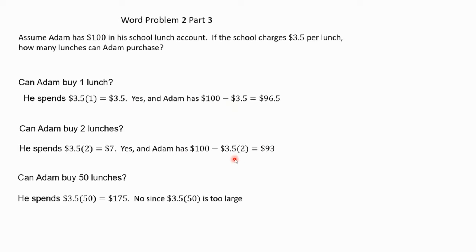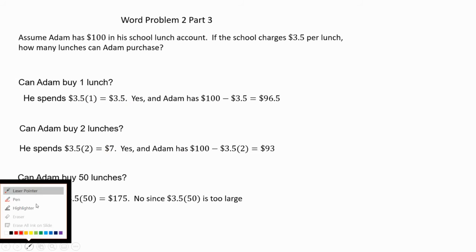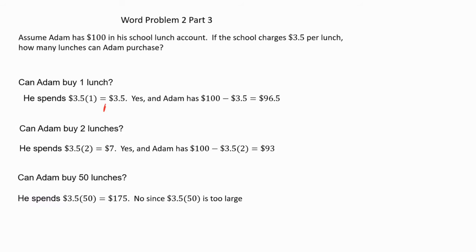So he spends $7. That's what M is. In terms of our notation, this is what M is up there. That's M.